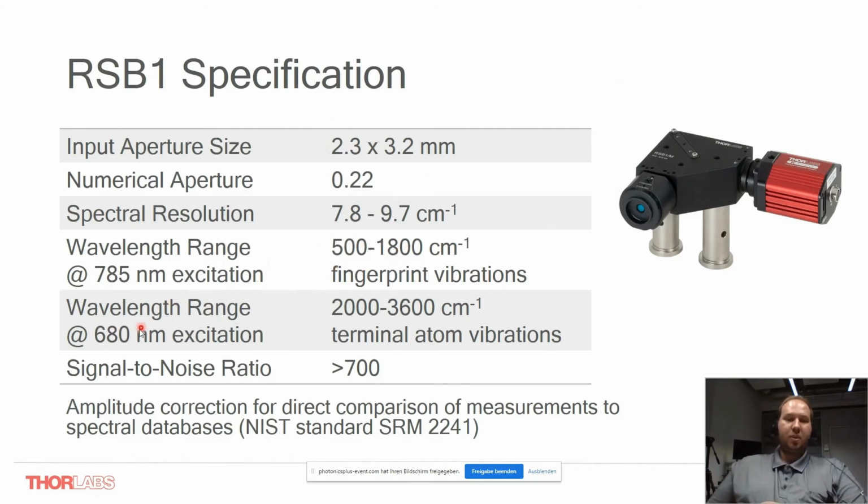Also, if you switch to 680 nanometer excitation, you can access the terminal atom vibrations between 2000 and 3600 centimeter to the -1. At very short measurement times of about 10 seconds, you usually reach a signal-to-noise ratio of 700 or better. Our amplitude correction, which enables you to directly compare to any databases, follows the NIST standard SRM 2241.